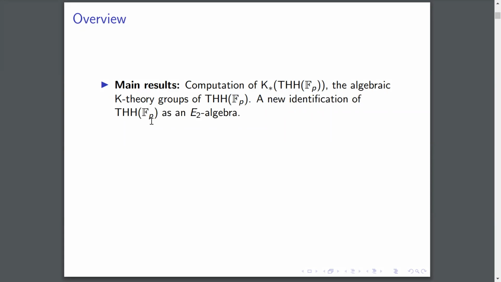So that's also a classification result that is of interest on its own. It's also a result we needed in order to obtain these algebraic K-theory computations. So those are the main results.